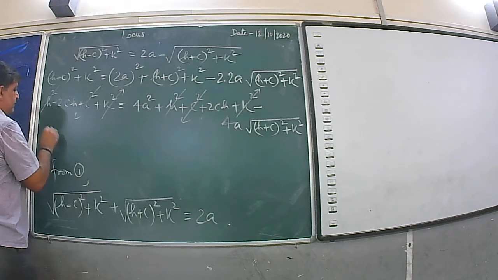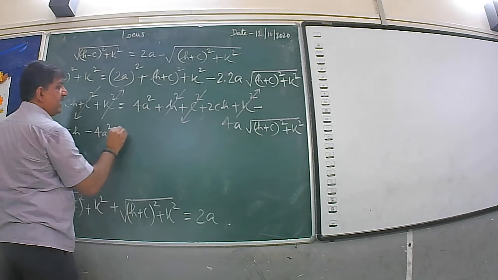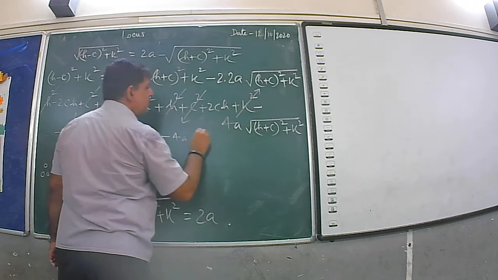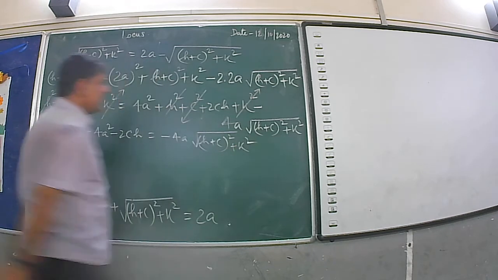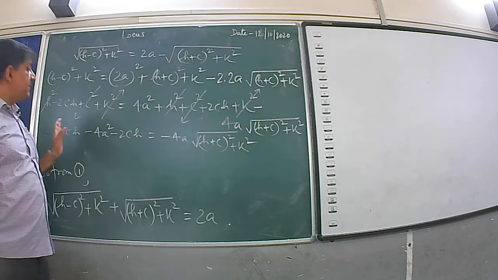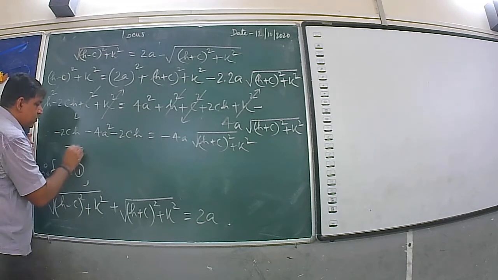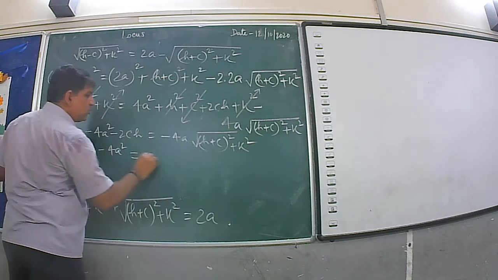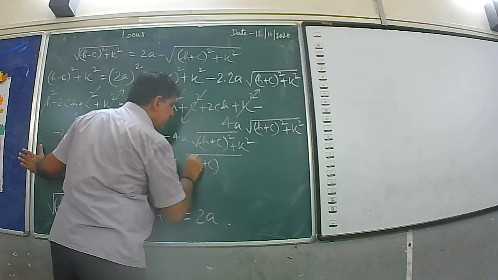So what happens? Therefore, minus 2ch minus 4a square minus 2ch is equal to minus 4a root over (h plus c) whole square plus k square. This result you will get after shifting the terms which do not contain the radical sign to the left hand side. Now minus 2ch and minus 2ch becomes minus 4ch, then minus 4a square is equal to minus 4a root over (h plus c) whole square plus k square.